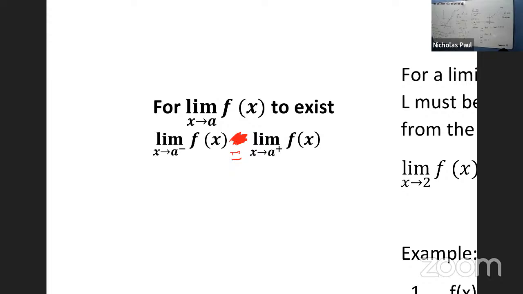Add that rule: for a limit to exist, the approach from the left and the right must be equal.